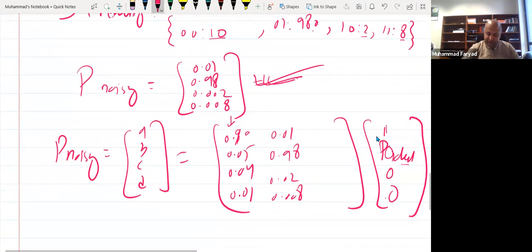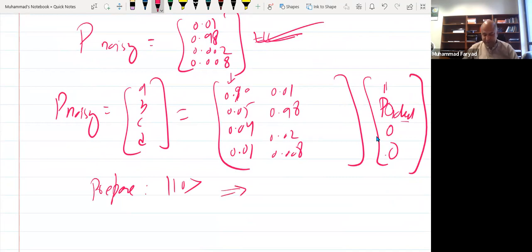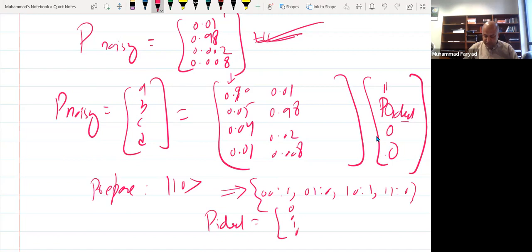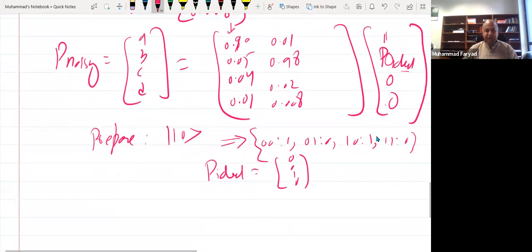Similarly, if I prepare my system in the 1, 0 state, I should measure 0, 0 with 0 probability, 0, 1 with 0 probability, 1, 0 with 100% probability, and 1, 1 with 0 probability, which means my ideal probability distribution should be 0, 0, 1, 0. But in reality, what we measure is different from this.